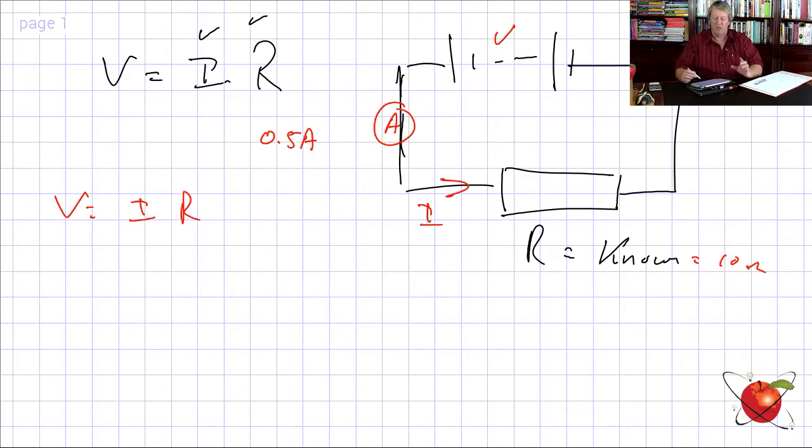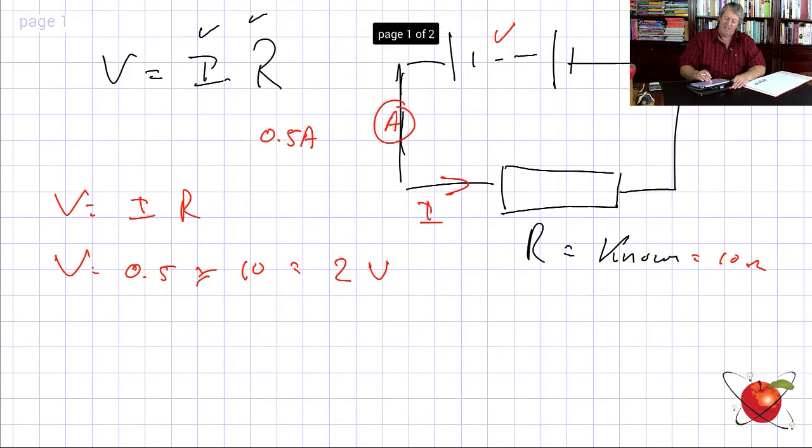We break it down to where we've got the V of a power source, a single current, and one effective or total resistance for the circuit. And we would say V is equal to I, 0.5, times 10, which is going to be 2 volts. So it's a 2 volt battery. It doesn't matter, all we do is we find the unknown.